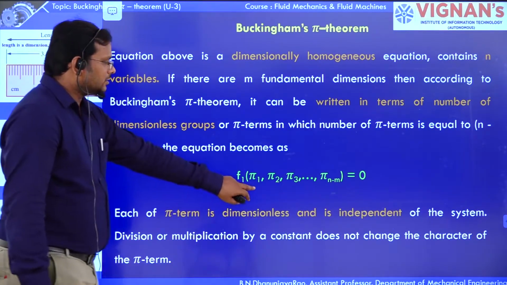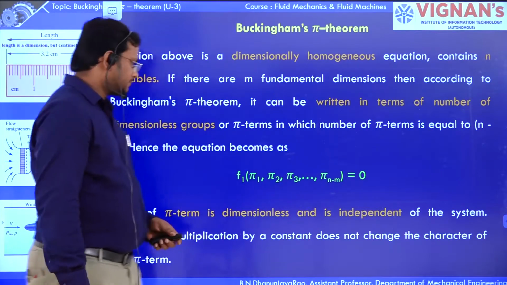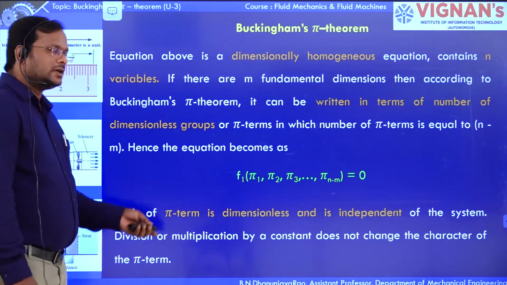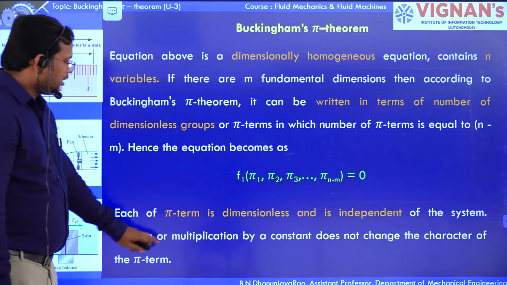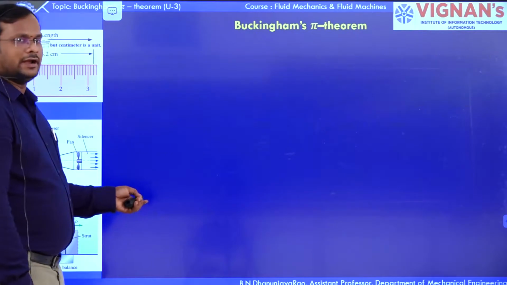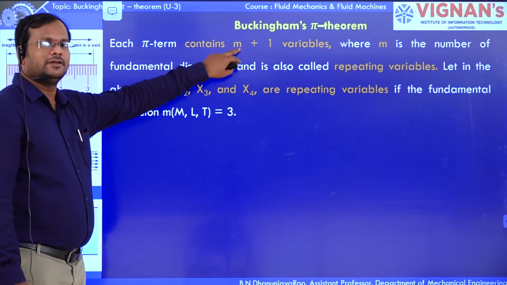Here these are all pi terms, dimensionless numbers. Each pi term is dimensionless and independent of the system of units. Division or multiplication by a constant does not change the character of the pi term. Each pi term contains m plus 1 variables.